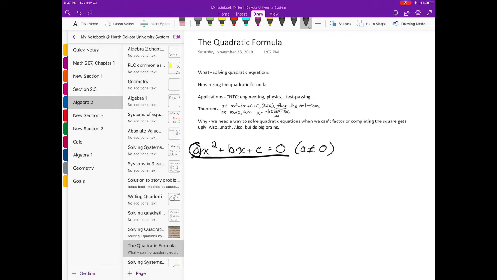We always want a coefficient of 1 on our x squared term whenever possible. And we can certainly do that here by dividing this through by a. If we do that, we get x squared plus b over a times x plus c over a, still equal to 0.